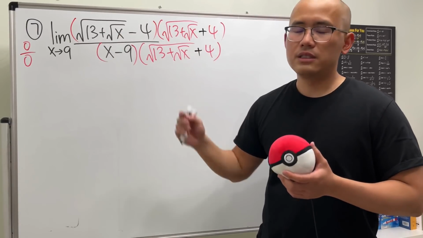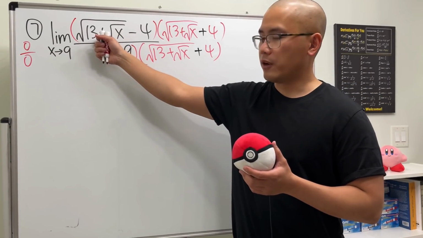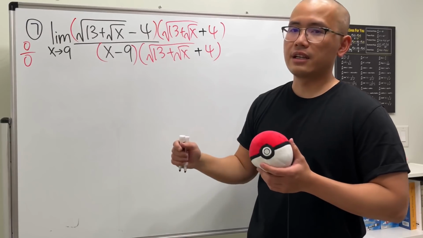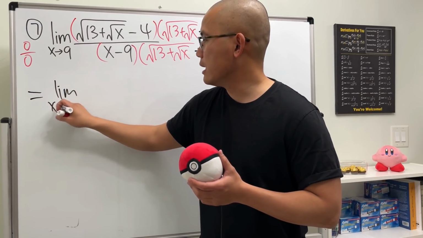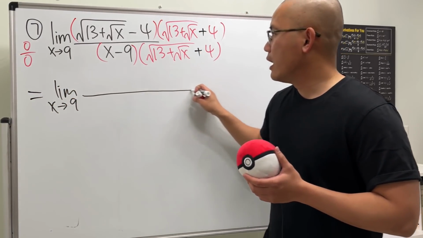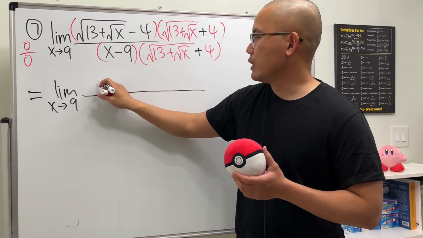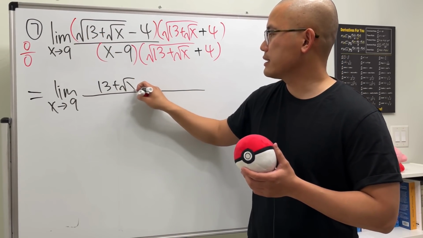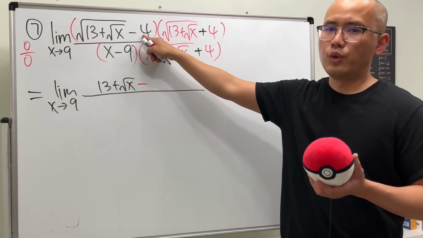Multiplying out the conjugates, it's not bad at all because we can just square the first and then minus the square of the second. So this is going to give us the limit as x approaching 9. When we square this, we just get 13 plus that. So we have 13 plus square root of x. And then we will have to minus the square of that. 4 squared is equal to 16.